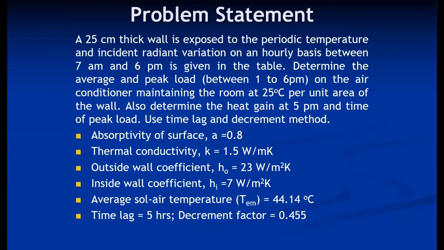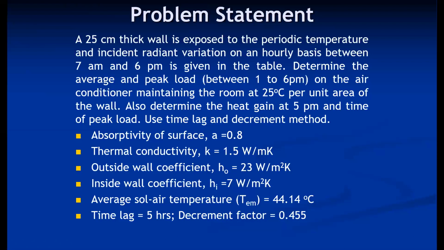We have to determine the average and peak load between 1 to 6 p.m. What is the average and peak load between 1 p.m. to 6 p.m. on the air conditioner, maintaining the room at 25 degrees Celsius, per unit area of the wall? The area of the wall is given, that is unity. Also determine the heat gain at 5 p.m. and the time of peak load. Use the time lag and decrement method.